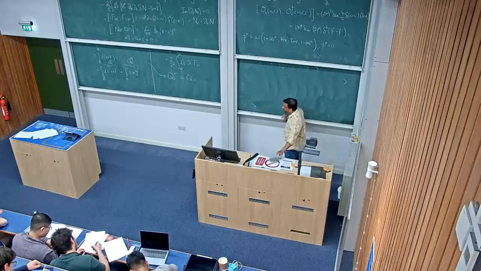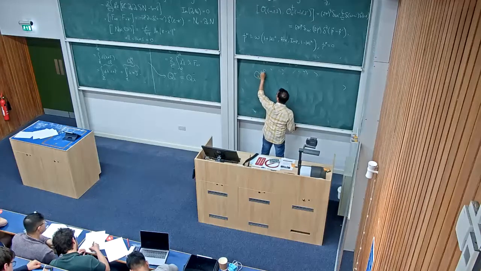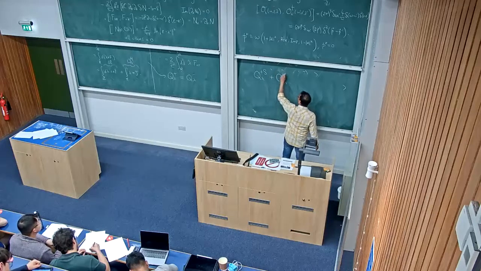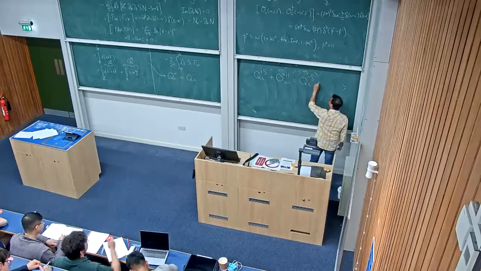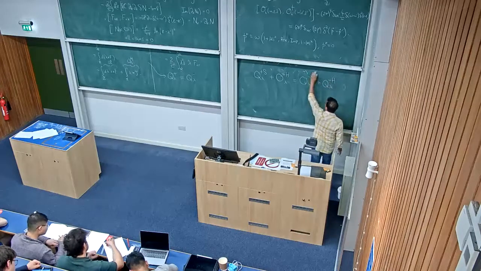Okay, so the equality of charges is the statement that Q hard plus Q soft for lambda on scri plus is equal to Q lambda soft plus Q lambda hard on scri minus. That's obviously true.